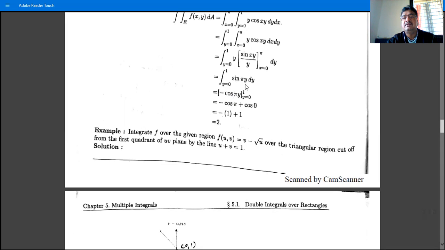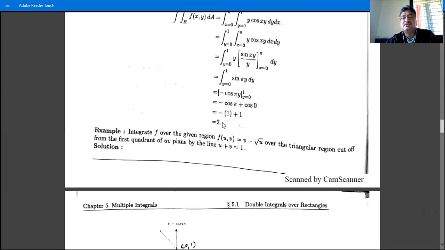Here divided by pi is missing, so write divided by pi, and then value at the upper limit minus value at the lower limit.